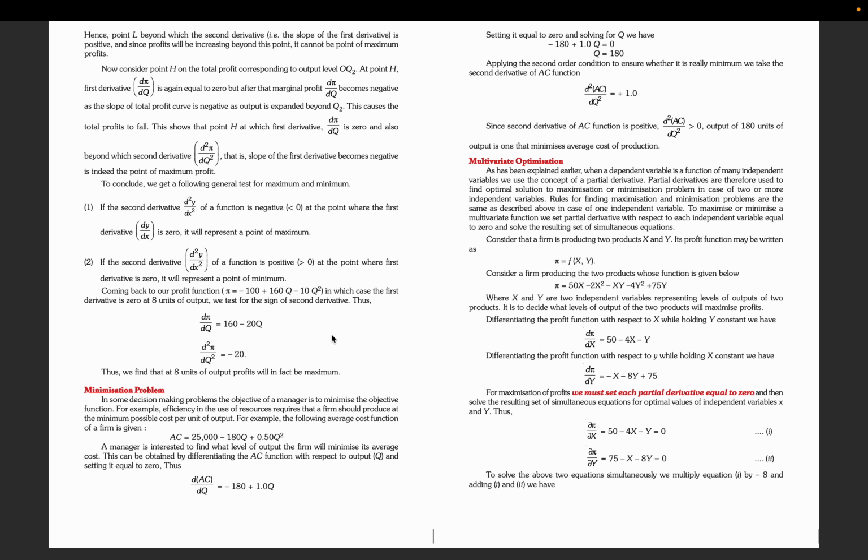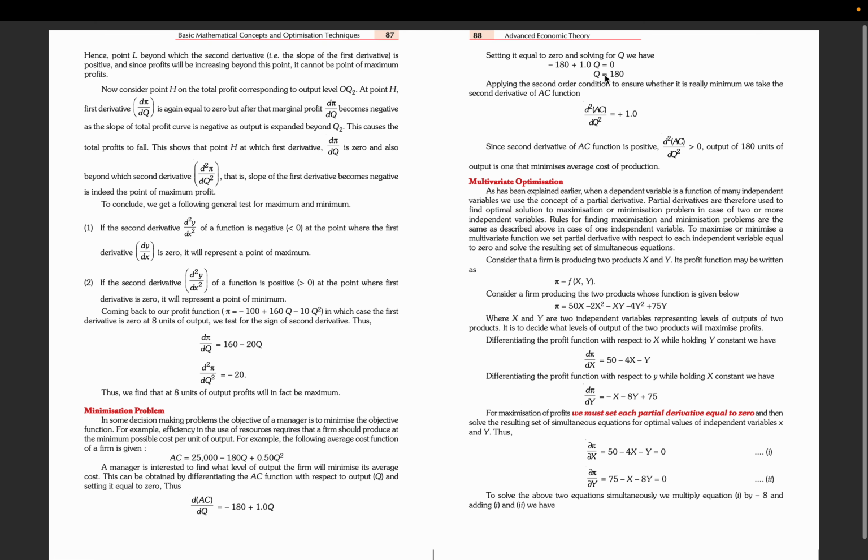For example, the average cost curve or the average cost function is given by this particular value. Now a manager is interested to find at what level of output the firm will minimize its average cost. This can be obtained by first differentiating AC with respect to Q, and you get 180 plus 1 Q, minus 180. Setting that equal to 0, you get the level of Q, and now you differentiate it again.